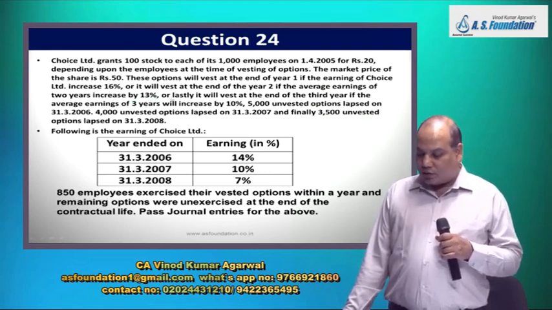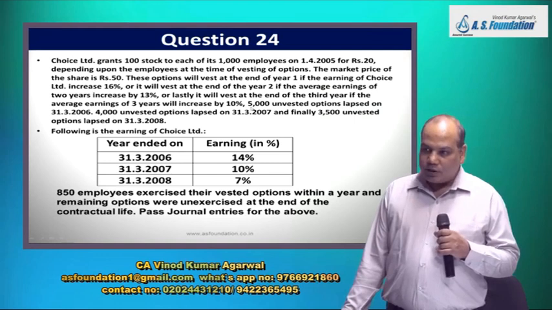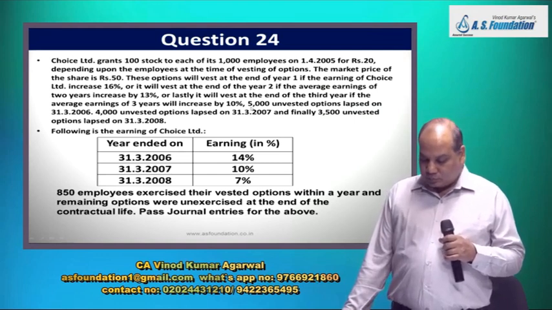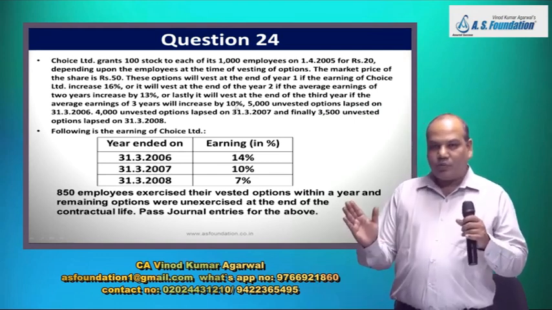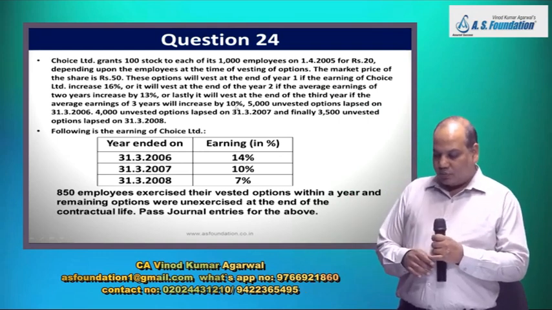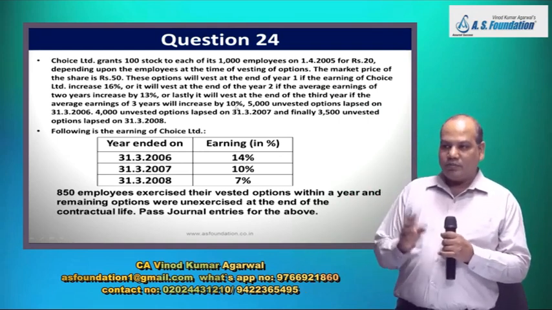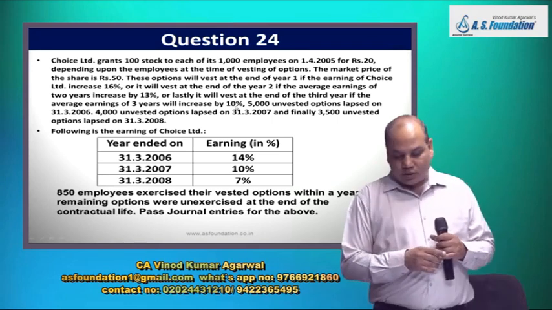Or lastly, it will vest at the end of 3rd year if the average earning of 3 years will increase by 10%. So this is how the options will vest. So the maximum allowed period is 3 years.